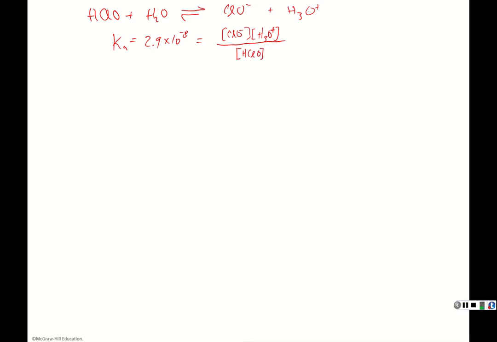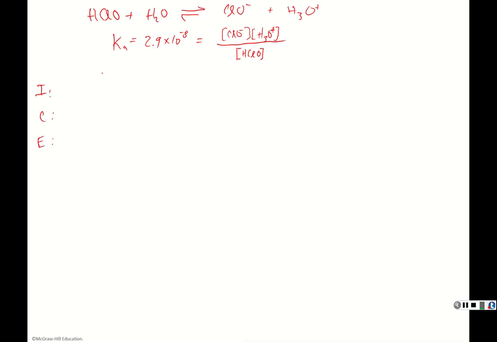Now we can set up our reaction tables, and we're going to have two separate reaction tables. I'll just show them in different colors. The first case will be shown in red. So red will be the first condition, part A, where we have a 0.4 molar starting concentration.